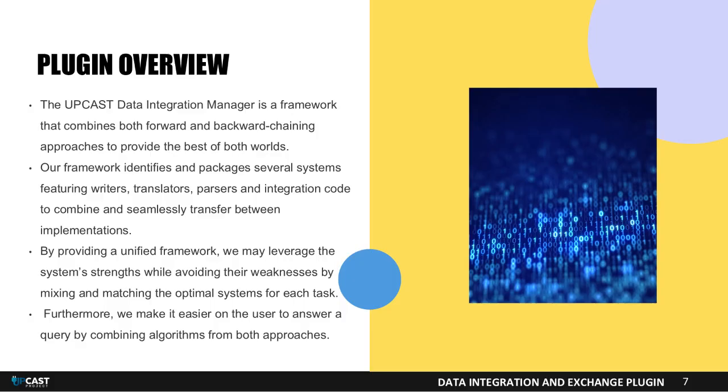By providing a unified framework, we may leverage the systems' strengths while avoiding their weaknesses by mixing and matching the optimal systems for each task. Furthermore, we make it easier on the user to answer a query by combining algorithms from both approaches.